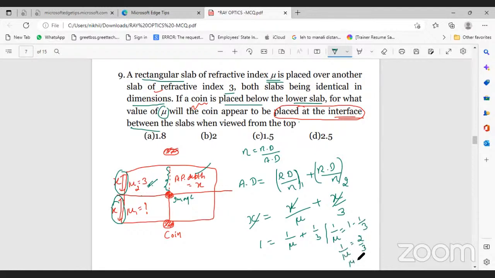So what is mu? Mu is 1.5, that is 3 by 2. That is option C. You got it? Yes, sir. Okay.